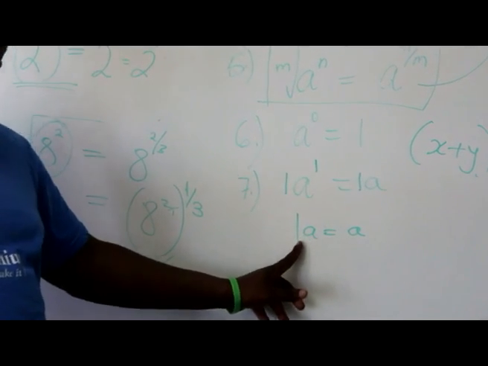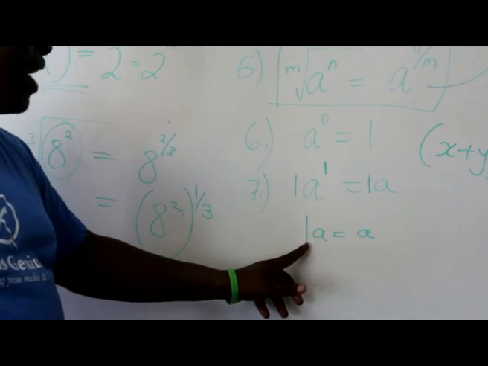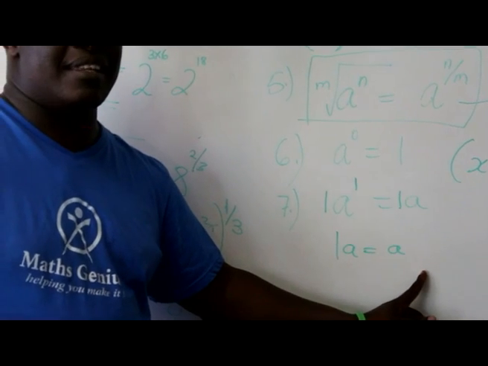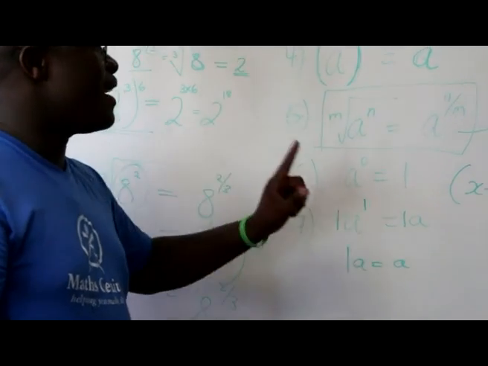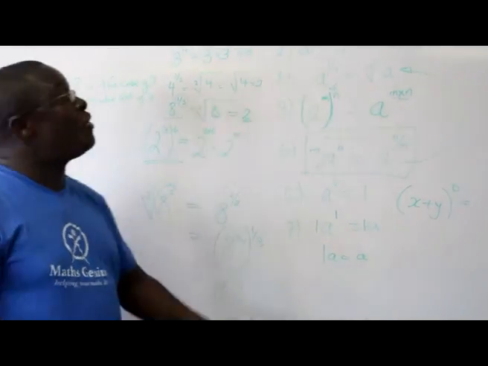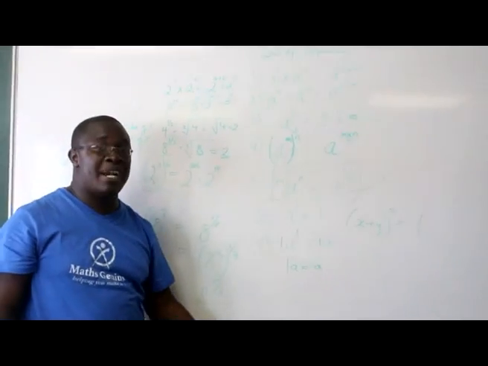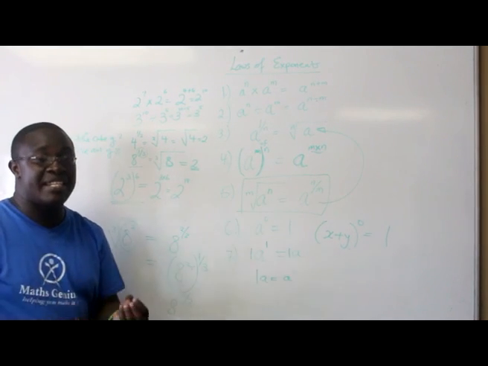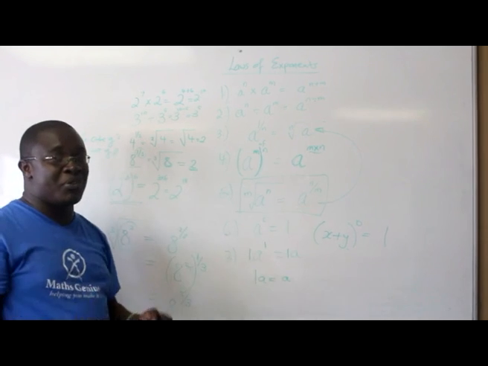It's just a unit. So a multiplied by 1, because you know 1 multiplied by anything will give you that amount. So whenever you see a power equals to 1, there is no need to actually write it. So make sure you do a lot of practice with these laws so that they are at your fingertips and you'll be able to use them when you do meet them.